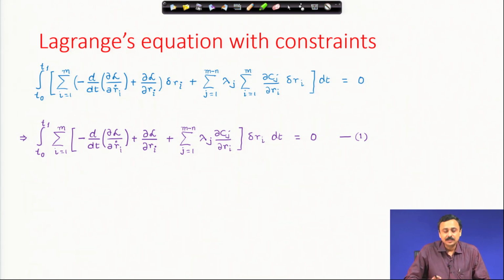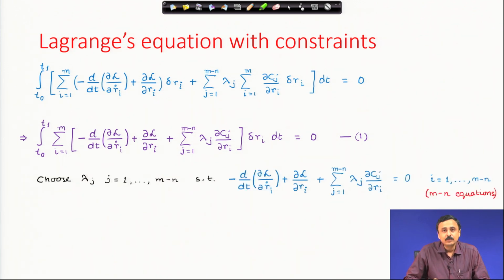Now, because these delta R I's are not independent variations, I cannot say that these bracketed quantities must vanish individually directly, though finally it turns out to be that, but the argument is in a different way. You have to understand this argument. What we say is we choose the lambdas such that, from 1 to m minus n, these many bracketed terms vanish.